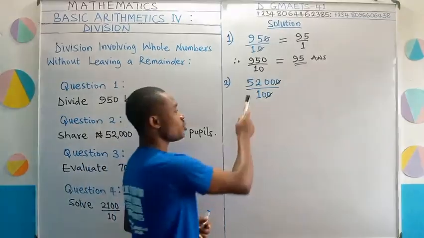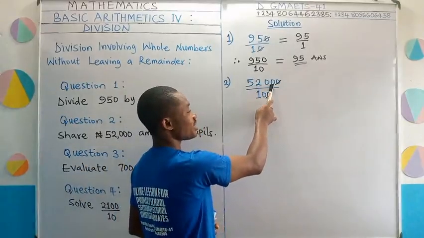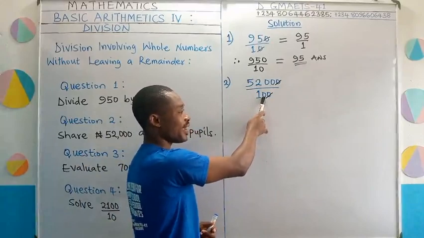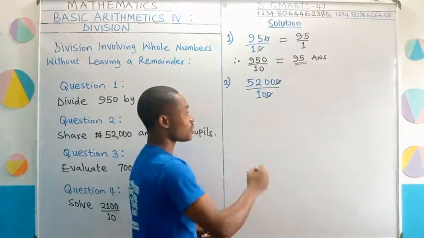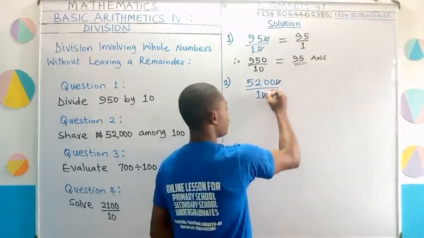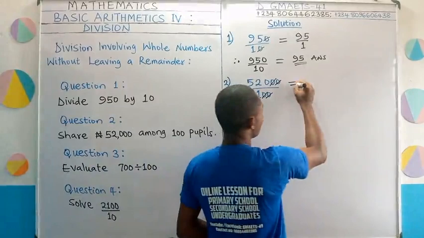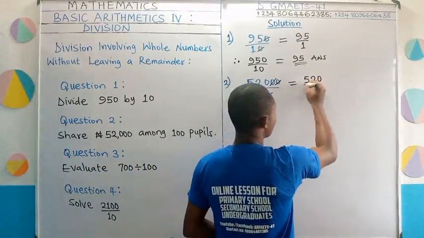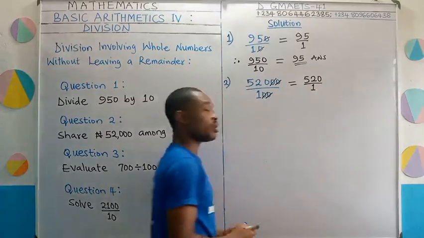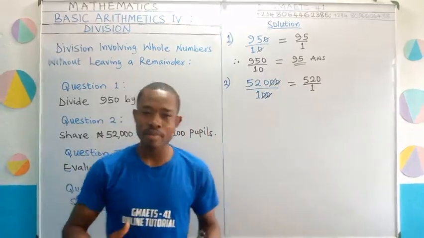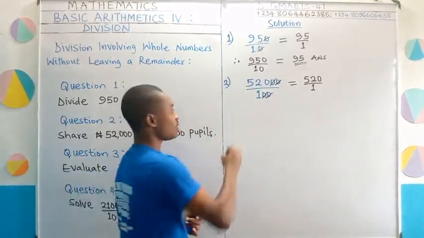Now you notice that the numerator 5,200, the last digit is 0, our denominator 10, the last digit is also 0. Cancel them off. So this goes with this. Now this will be left with 520 divided by what? 1. And again, remember, if you divide any number by 1, you are going to get that number.